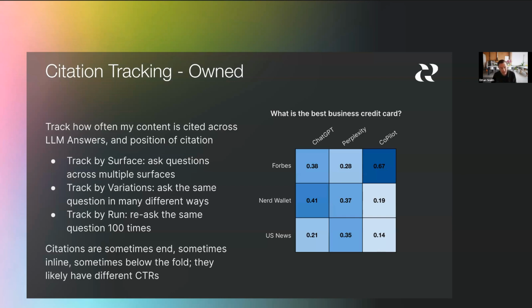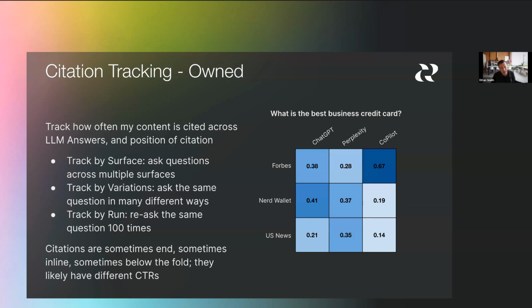So there's SERP tracking in SEO, which is, for best credit card, your position is 3. But now again, it's this distribution across multiple surfaces with a probability or a share of. And so keyword tracking and SERP tracking becomes this share of for citation tracking. And this is for owned. Forbes and NerdWallet would want to know, how frequently am I the citation for this question? And the more that I'm the citation, the better.